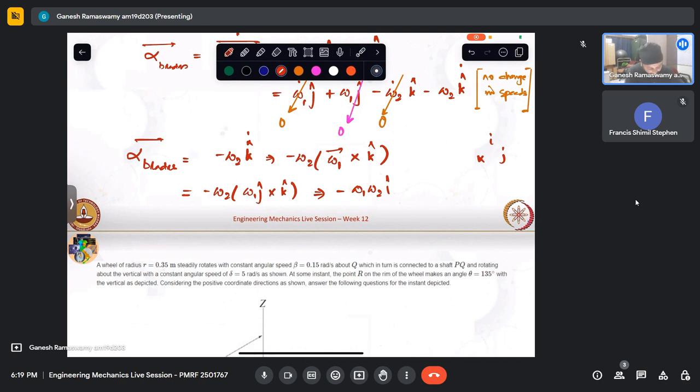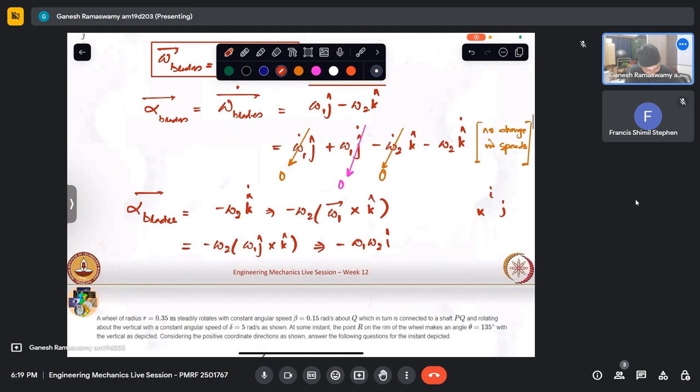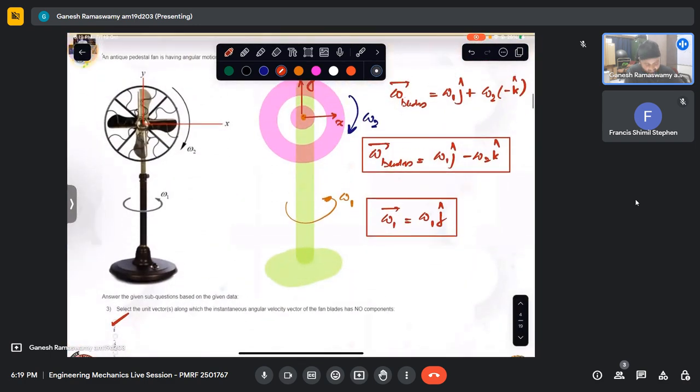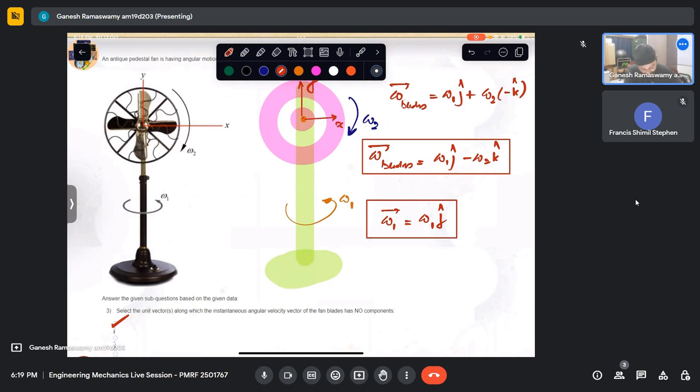I hope this is clear. If there are any questions, please go ahead and ask. We can see it from here also. We have positive k cap and then positive j cap, and then we have the angular velocity pointing inwards.